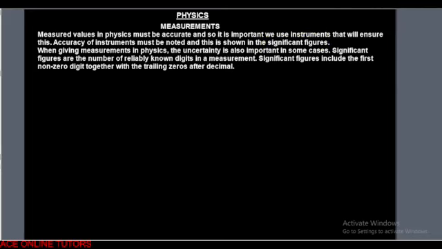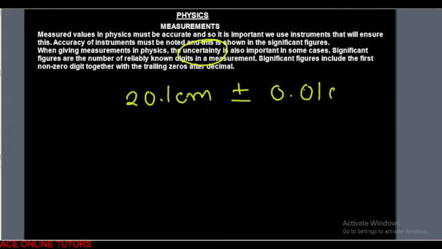When giving measurements in physics, the uncertainty is also important in some cases. There are cases where, whenever you give a measurement, you must give us the uncertainty of your answer. So if you record a value for a meter rule, let's say you measure a length to be 20.1 centimeters, you are now going to tell us that this is plus or minus 0.05 centimeter.